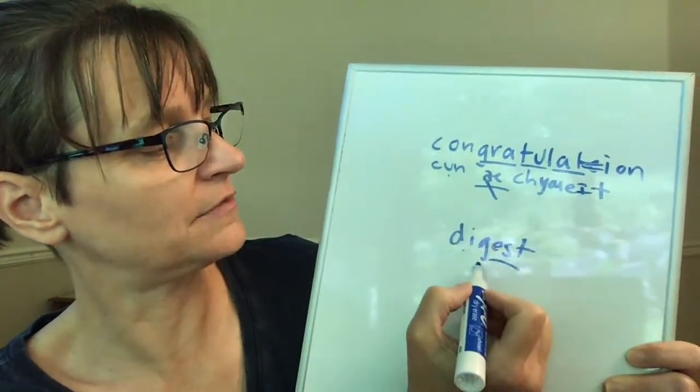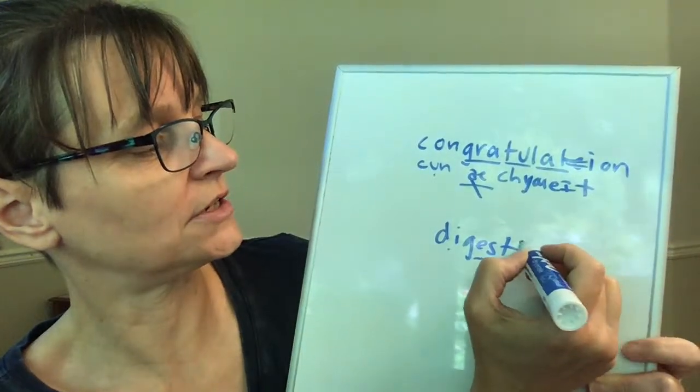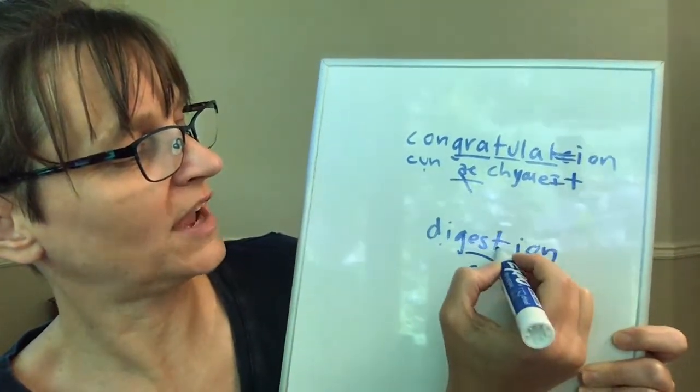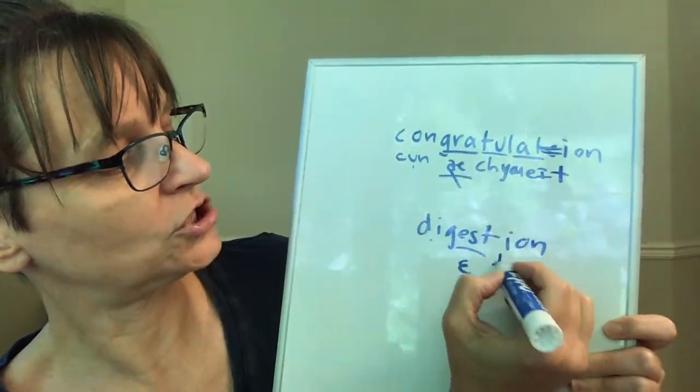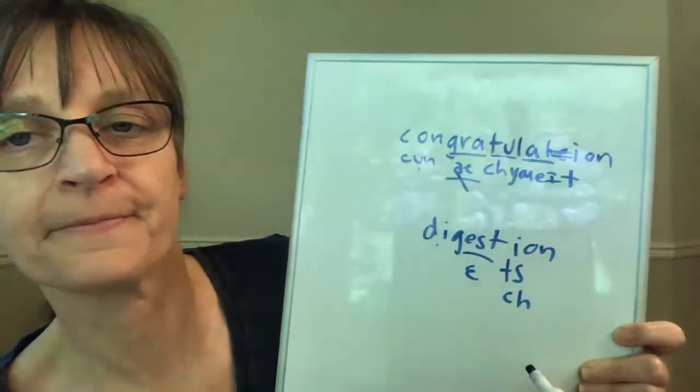We have the I diphthong, vowel e, digest and digestion. When I add the on, because I have a T, instead of digestion, I get a ch, digestion. Great. Those are good suggestions. Suggestion and digestion, similar words.